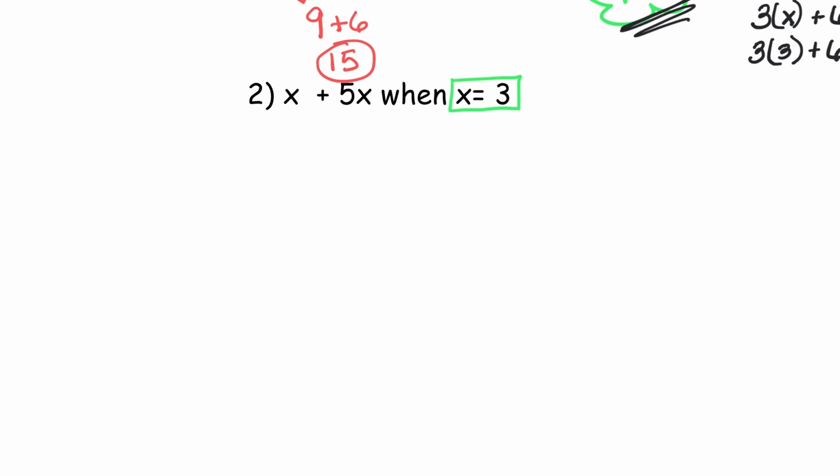Well, I'm going to use substitution, so if x is equal to 3, I'm going to make this 3 plus 5 times 3, because when I have a variable next to a number, that means to multiply. If I continue here, I follow the order of operations. 5 times 3 is 15, and 3 plus 15, my final answer is 18.